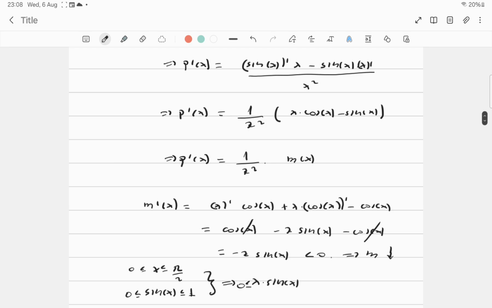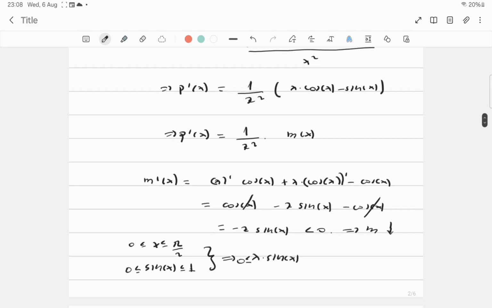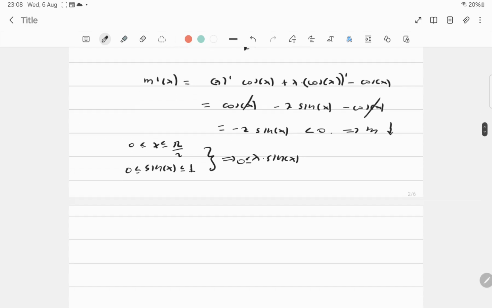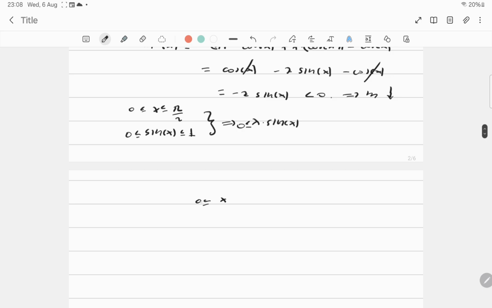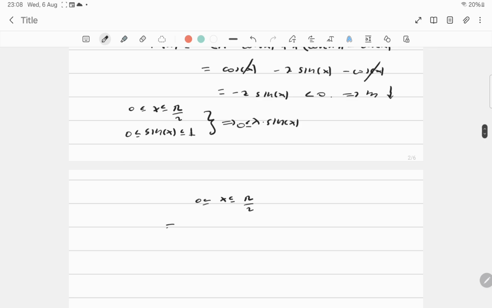So for x between 0 and pi over 2, I flip the direction of the inequality. So I have m of x greater than or equal to m of pi over 2, less than or equal to m of 0.